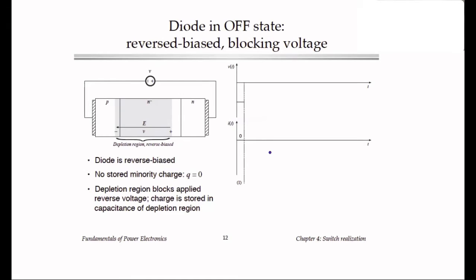So here are the waveforms we actually observe in a real power diode. We start out with the diode in the off state, blocking negative voltage and conducting zero current, with this large depletion region that is blocking the voltage.